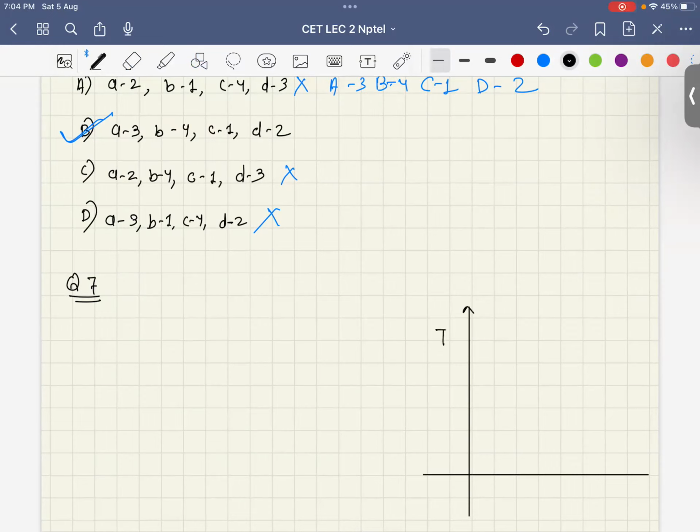Then you have here temperature on this axis, this is origin. And on this axis, you have entropy, some quantity. And the curve is like this.